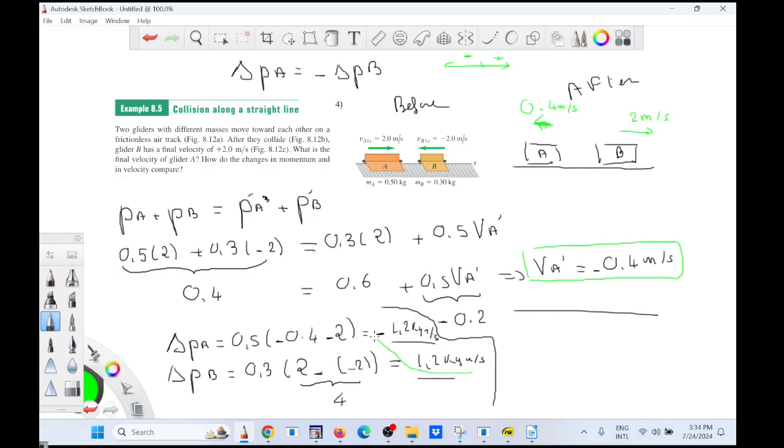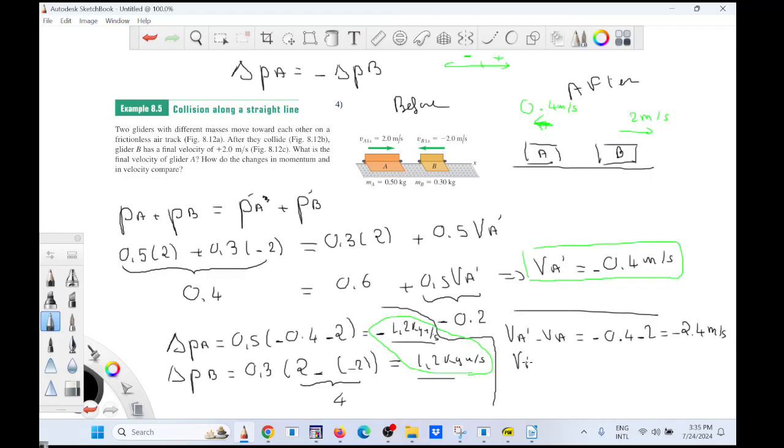So next question. How do we compare the change in speed? So VA prime minus VA. For A, the final is minus 0.4 minus the initial, which is 2, so minus 2.4.